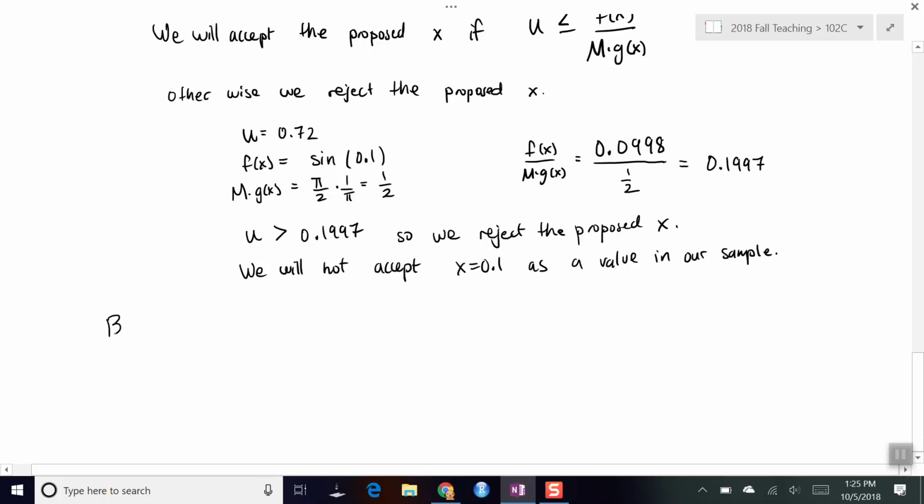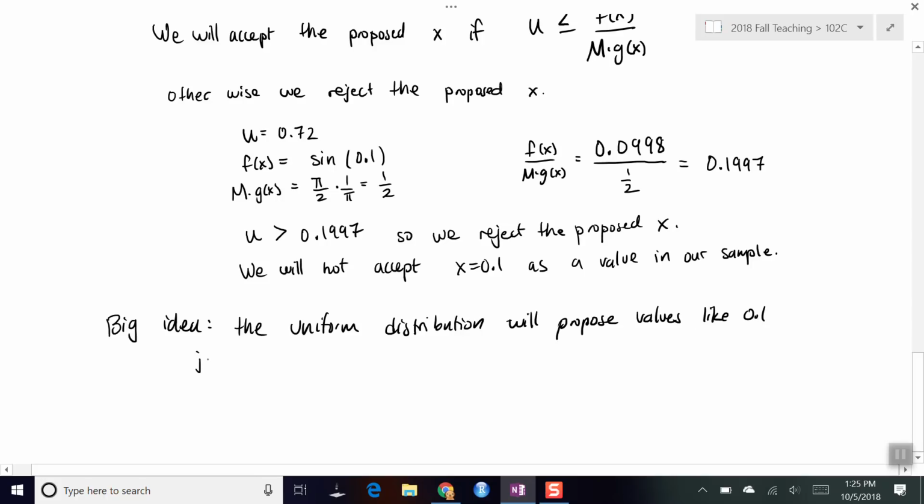Okay, so kind of the big idea is the uniform distribution will propose values like 0.1 with the same probability as all other values in the interval 0 to pi.